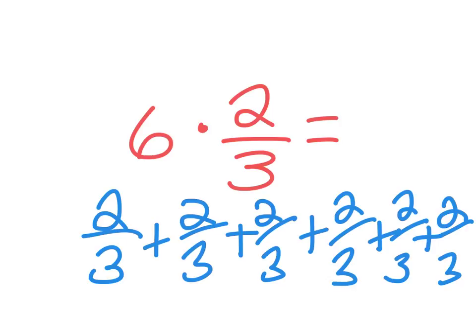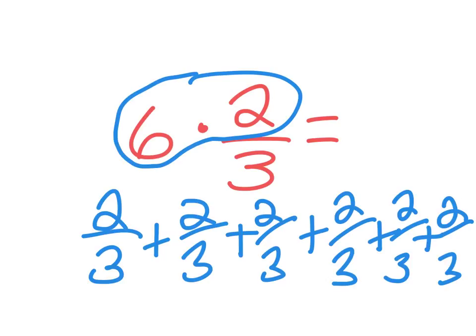But instead of adding all of this up, a faster method is to multiply the whole number times the numerator, because I know that 2 times 6 gives me 12. And then I'm going to put it back over the denominator, which was 3. Okay, but I can simplify this even more because I know that 12/3 can be regrouped, I can make some wholes out of 12/3.